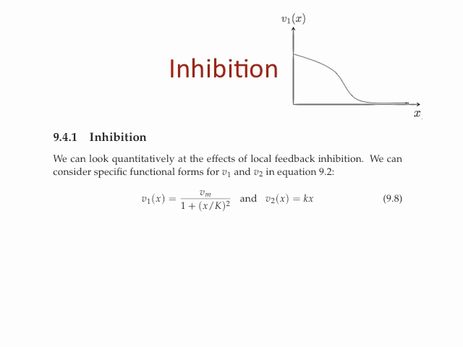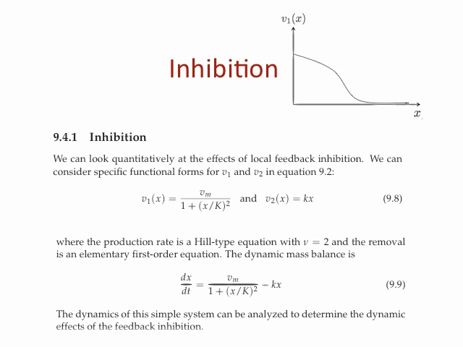And the degree of cooperativity is 2. And therefore I have that second power in the denominator. V1, the turnover rate, is just linear in X. I can now substitute these two into my dynamic mass balance, and now I have a complete differential equation that will describe my dynamics.